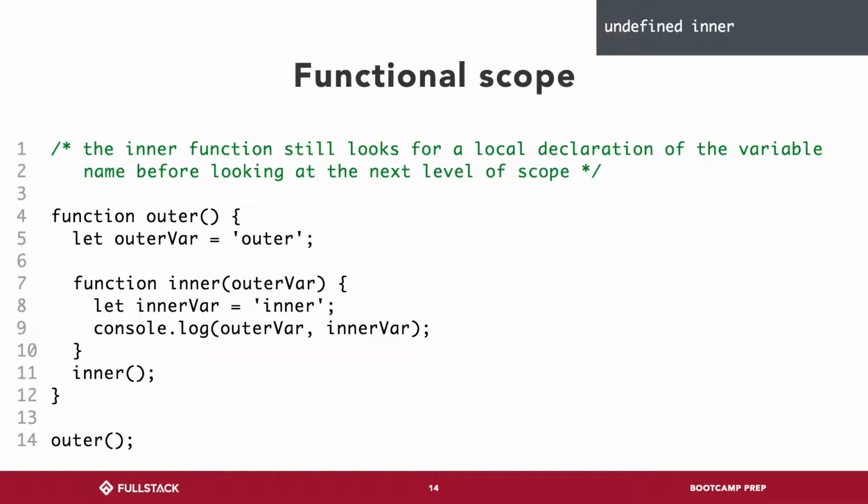So it's a little trick, and I've been duped, but it's undefined. Are there any questions as to why it's undefined? Under the hood, parameters declare that parameter variable. That's always happening.